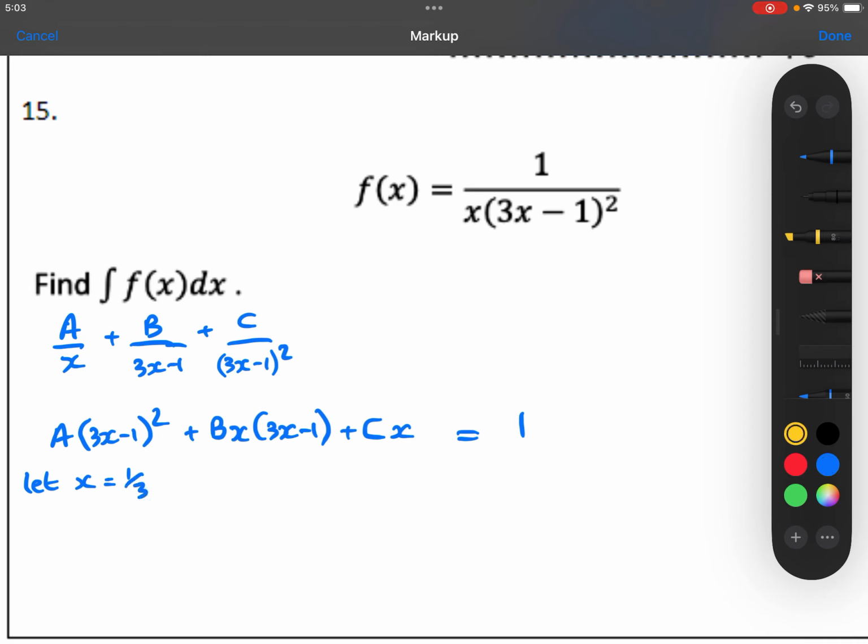The reason I'm selecting 1/3 here is it's going to make this bit here become 0 and this bit here become 0. So the only part we need to worry about then is the c times 1/3 is equal to 1. So c is 3. So I can replace the c here with 3, and the c here with 3.